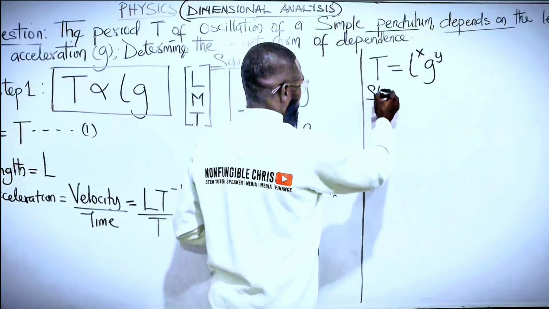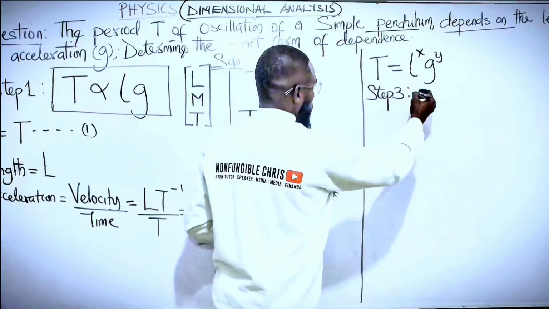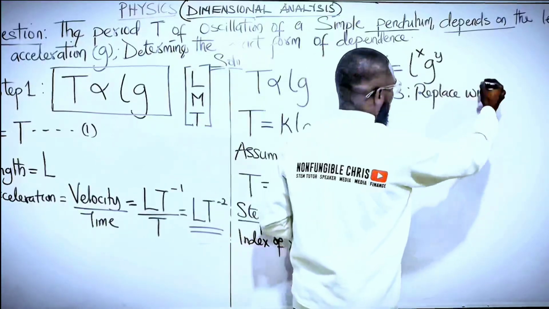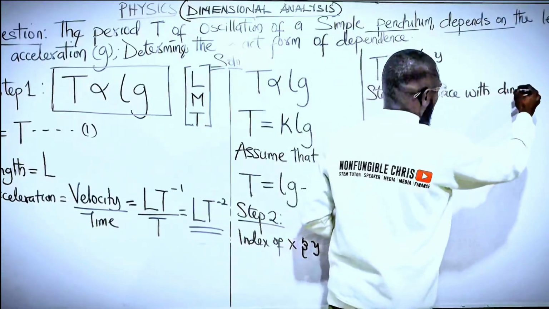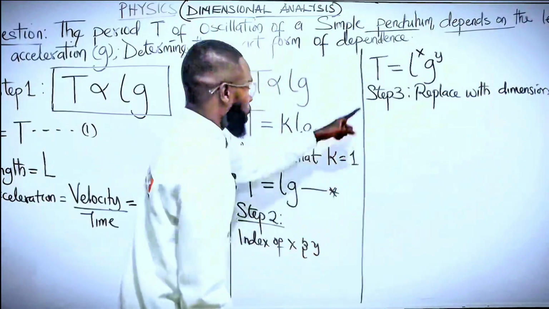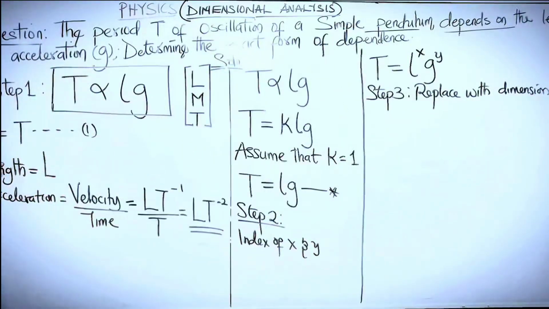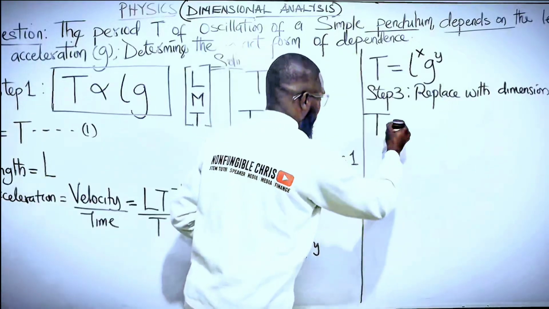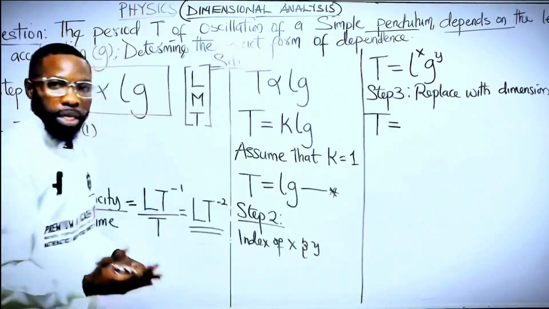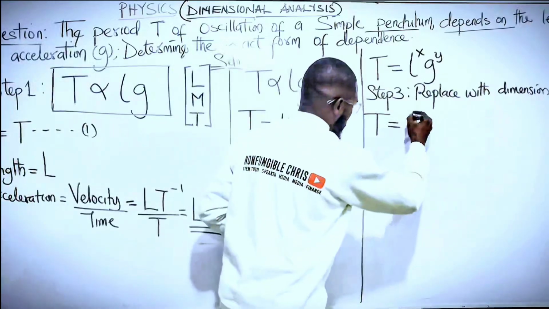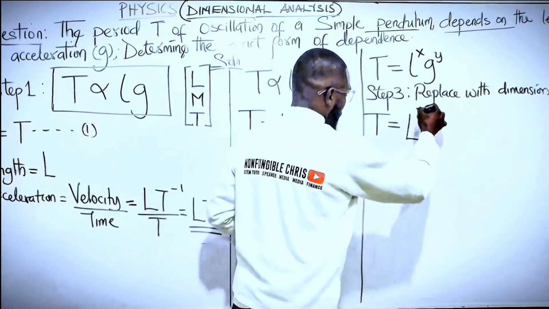Having done that, step 3 is to replace what we have there with the dimensional parameters. So step 3, we replace with dimensions. The dimension for our period is T. So we have T is equal to, the dimension for length is L, so come here and put L raised to the power of x.